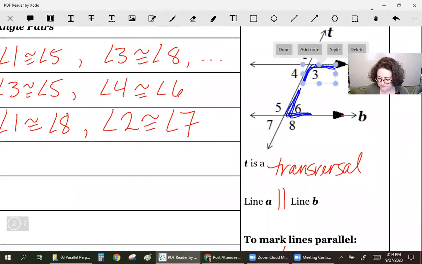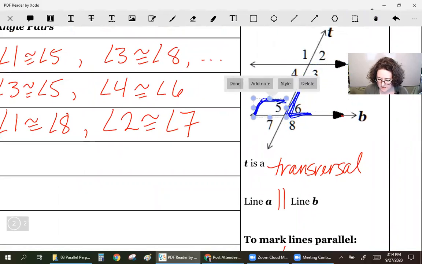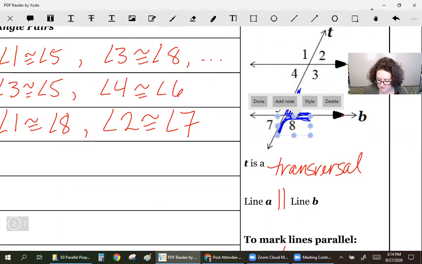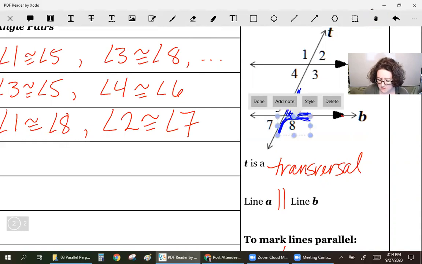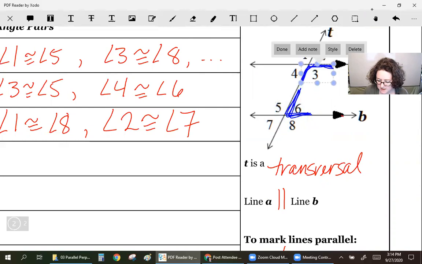So angle 3, if I move that down, let me put it right here. When I put those 2 together, we have our adjacent side in the middle. Those make a nice straight angle. So that tells me if they make a straight angle, what should they add up to? 180. And I could do that with any of these pairs. Let me move him back up.